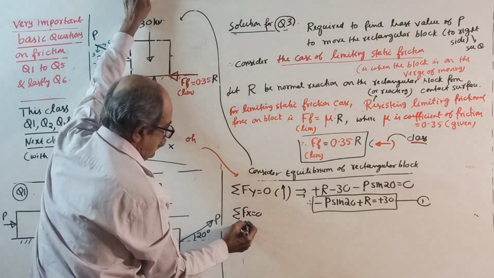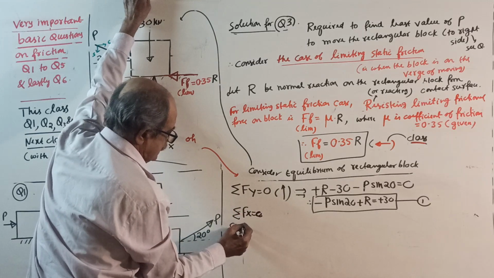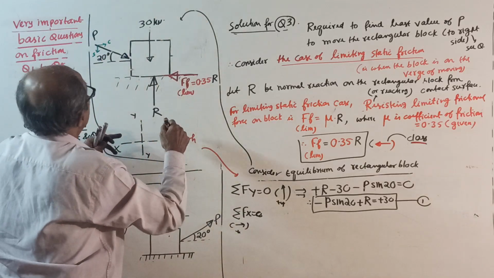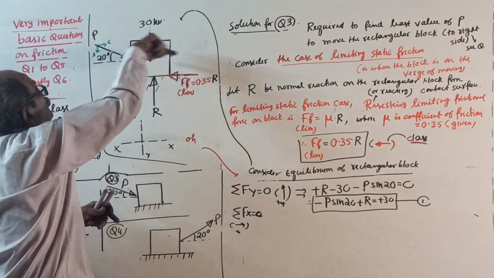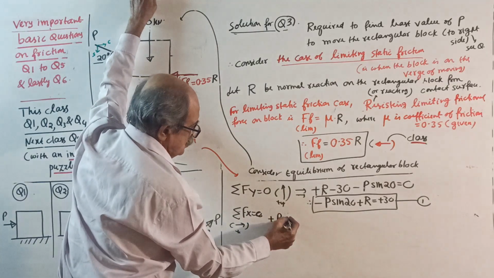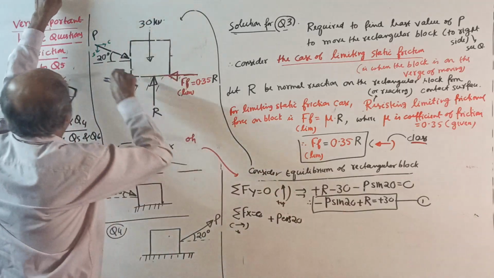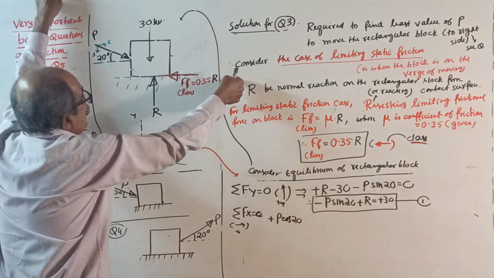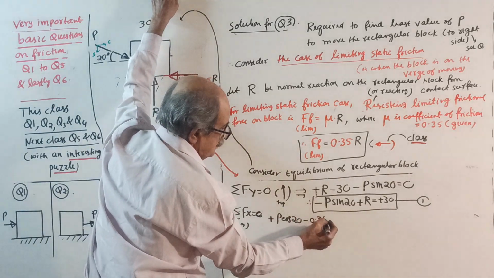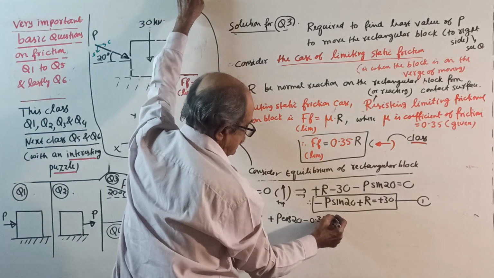Okay, now sigma Fx equal to 0, taking right side positive, upward positive. Then see here, plus P cos 20, because the horizontal component is P cos 20, minus 0.35 times R. That's all.